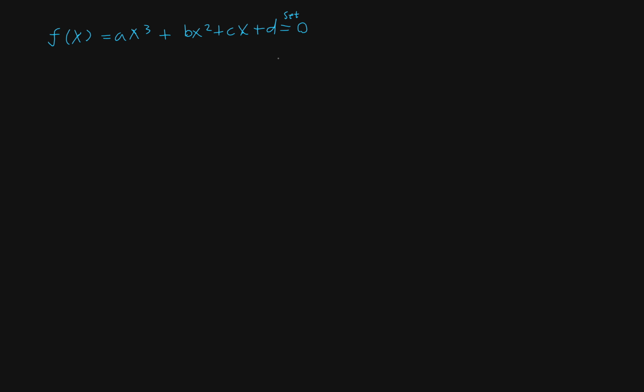First, again, we're going to divide by a, so we get x cubed plus b over a x squared plus c over a x plus d over a, which is equal to 0.